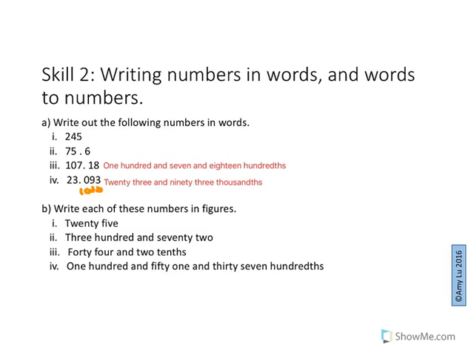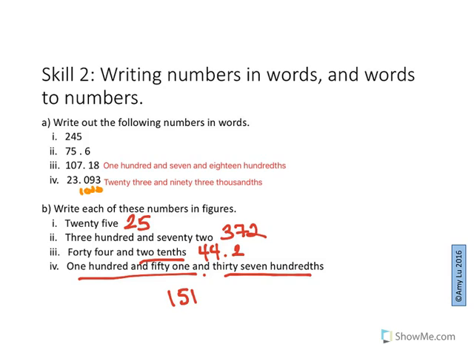In the next problem, it says to write each of these numbers in figures. So you see the number 25, so you would write 25. 372, 372. 44 and 2/10. So you make sure that 2 is in the tenths place. 151 and 37 hundredths.